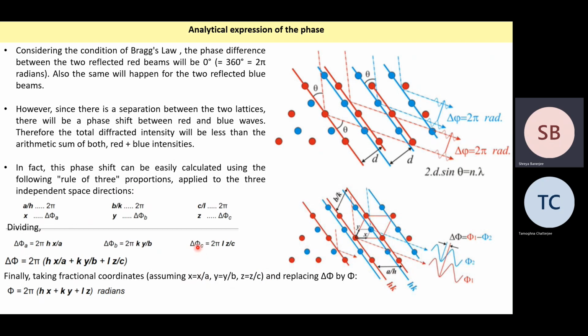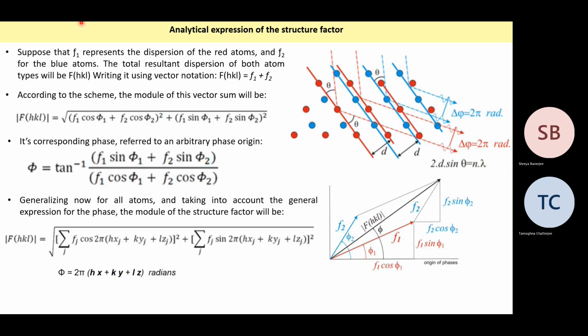So you can just shift the coordinate system x, y, z by that constant, and you will finally get this equation, which relates the phase difference between the red and the blue lines with the coordinate system x, y, z.